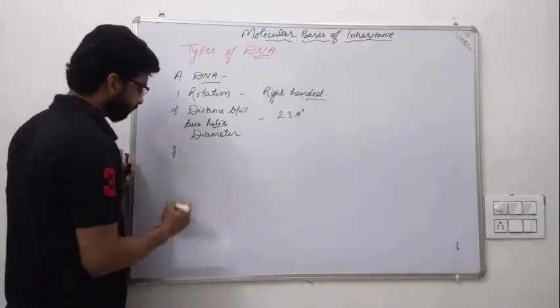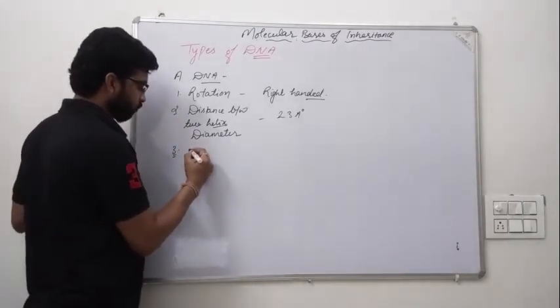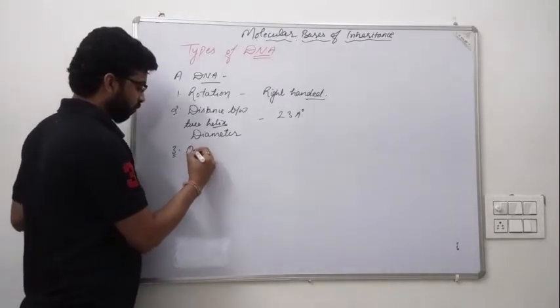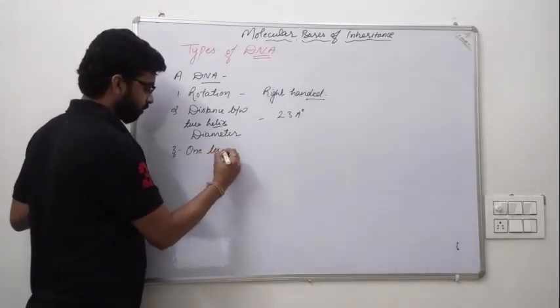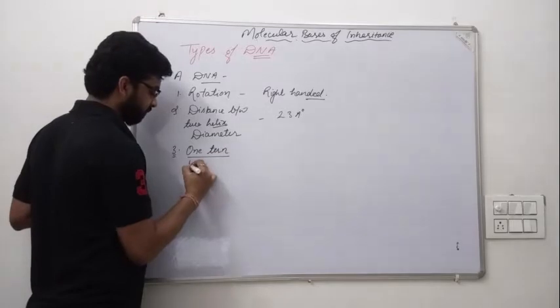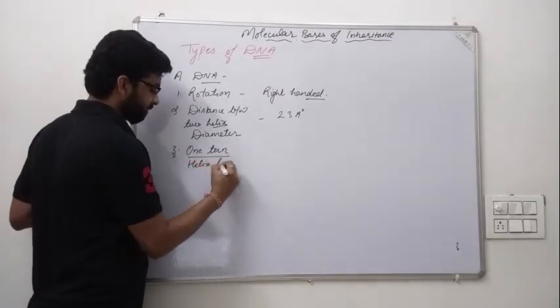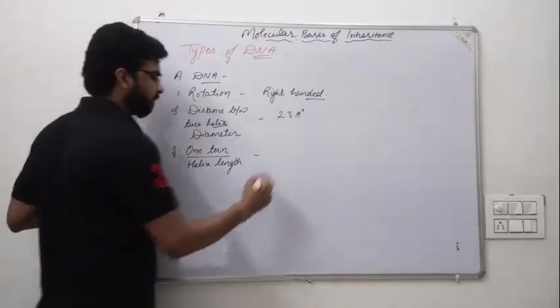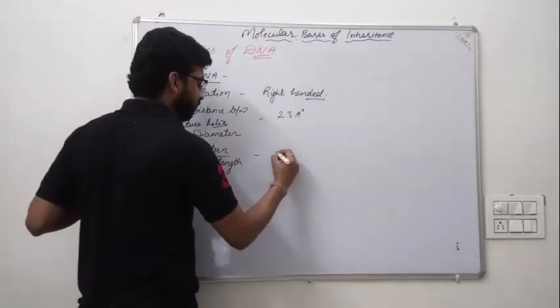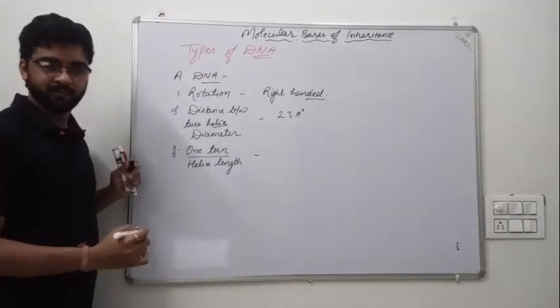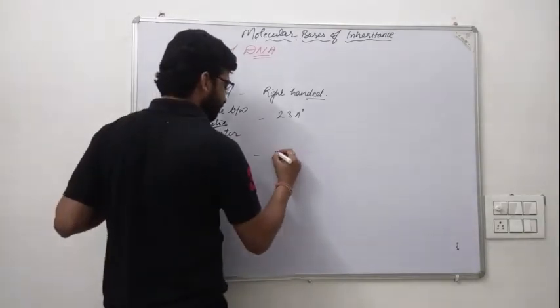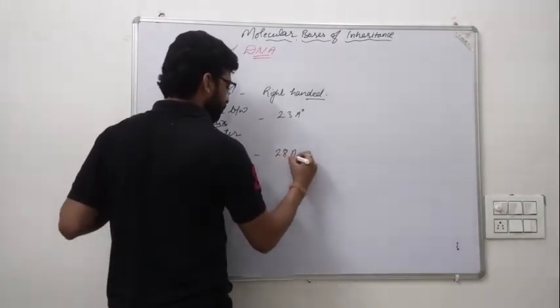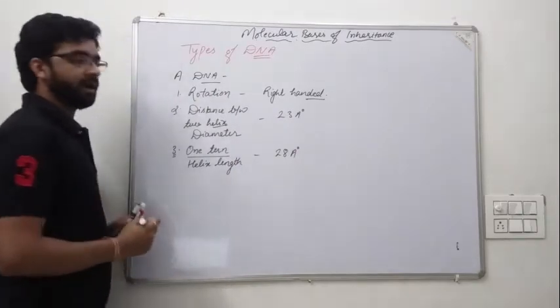Next, third point, one turn means helix length, that is 28 angstrom.